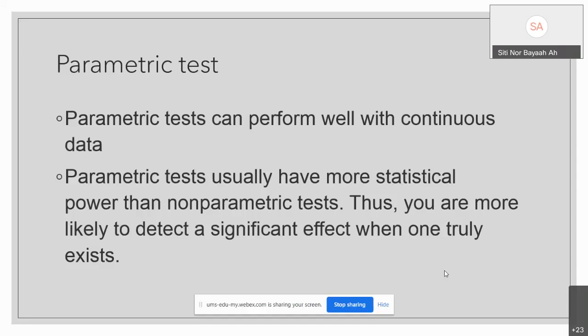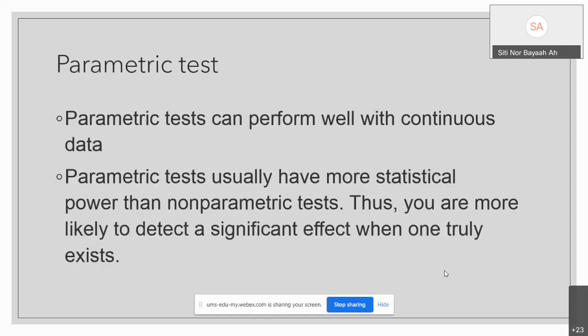Because parametric testing is assumed to be more explanatory of inferential relationships between the variables, compared to non-parametric, right? Certain conditions need to be fulfilled, like it needs to be continuous data for parametric.